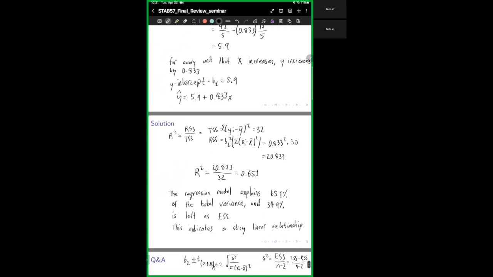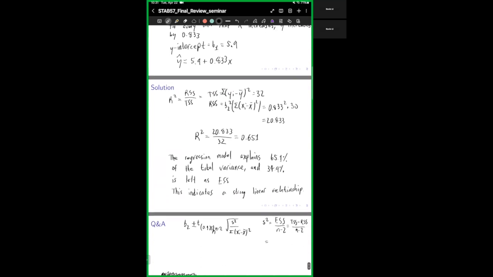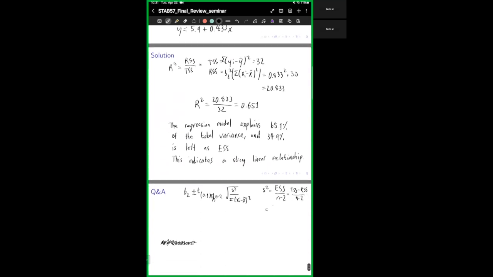The regression sum of squares is 20.833 and the total sum of squares is 32. So this is 32 minus 20.833 over n minus 2, and n minus 2 is equal to 5 minus 2, which gives 3.722.